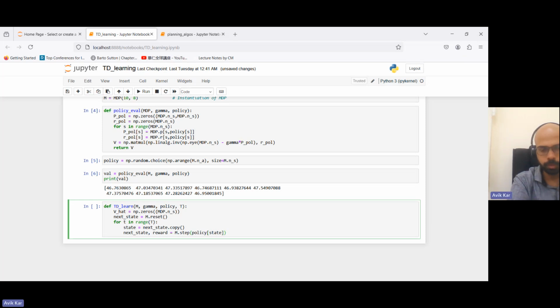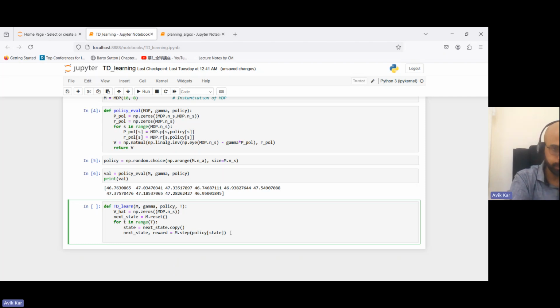We take the action according to the current state and whatever the policy is prescribing. So we have this triple: state, next state, reward. That's all we need to update the estimate, V hat.